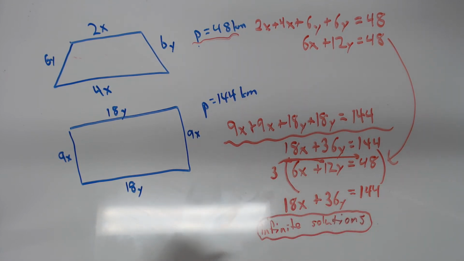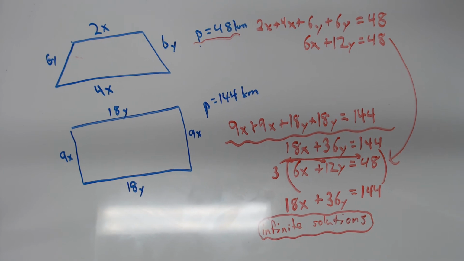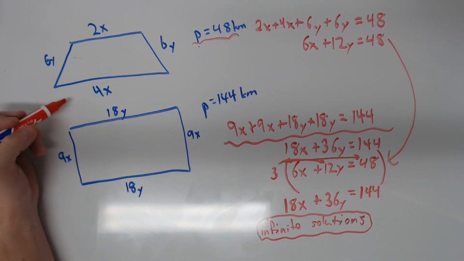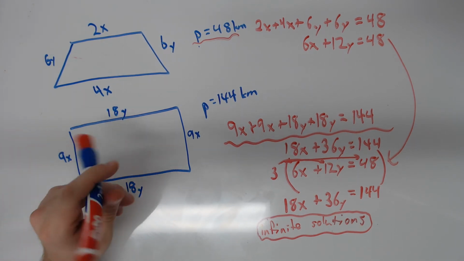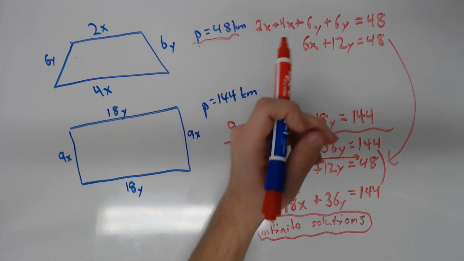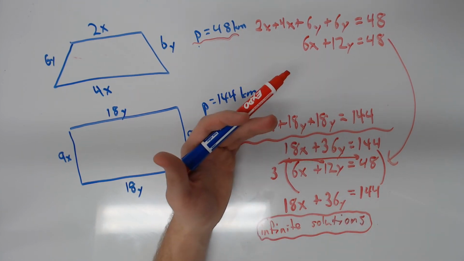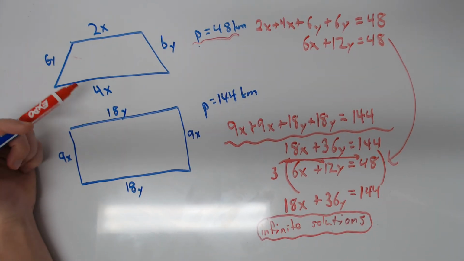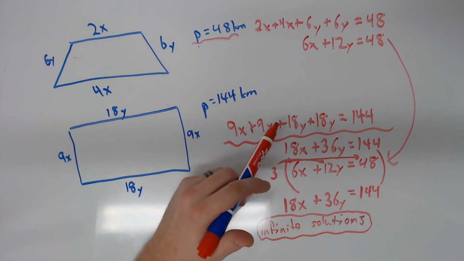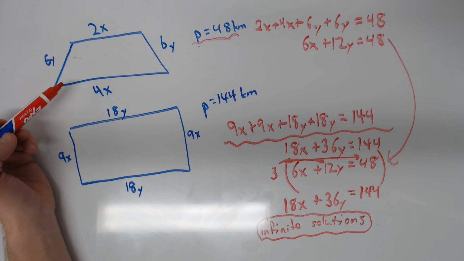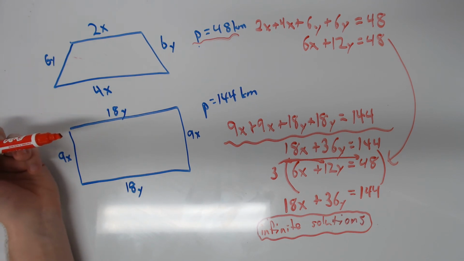Okay, so let's explain why this didn't work. In math, those two data points to be able to figure out the x and y values have to be unique. If one of them is an exact multiple of the other, like what ended up happening here, even though these were two different shapes, what the equations came out to, the rectangle was exactly 3 times as big as the trapezoid in every way.